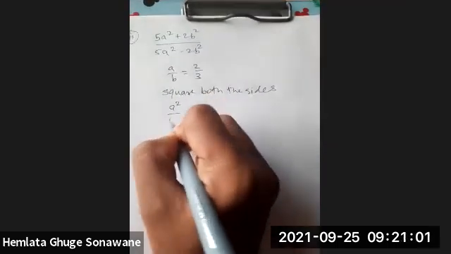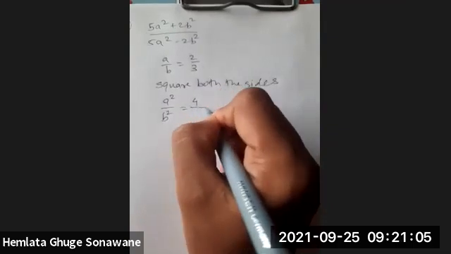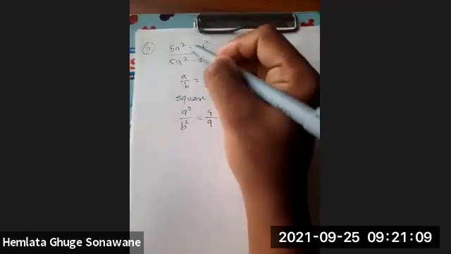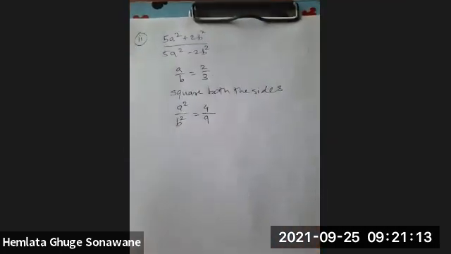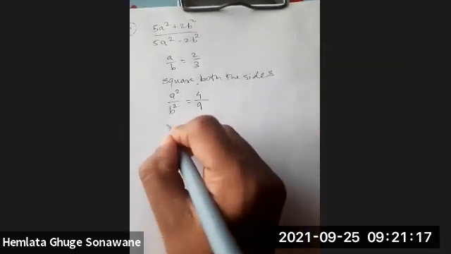A square upon B square is equal to square of 2 is 4 and square of 3 is 9. Now here you can see that 5 is with A and 2 is with B. So we'll multiply both the sides by 5 upon 2.